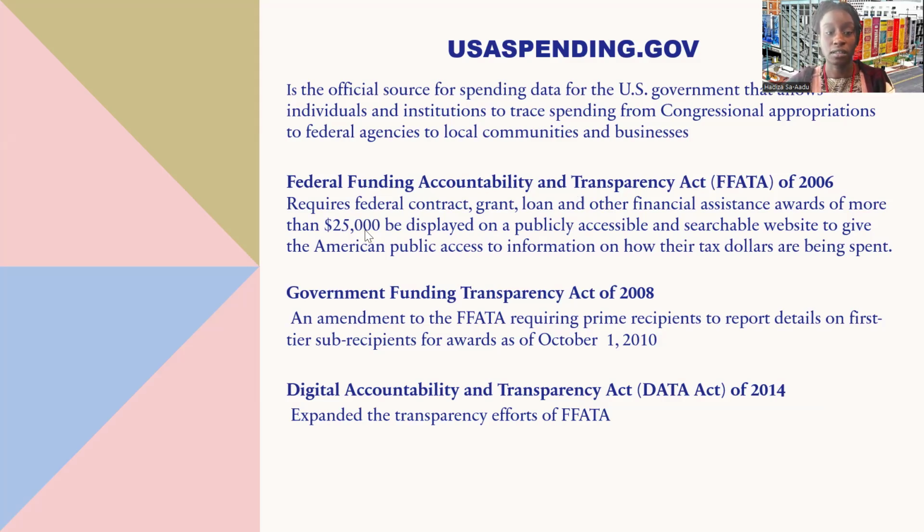Two years later came the Government Funding Transparency Act of 2008. This was an amendment to the FFATA, and it required prime recipients to report details on first tier sub-recipients of awards as of October 1st, 2010.